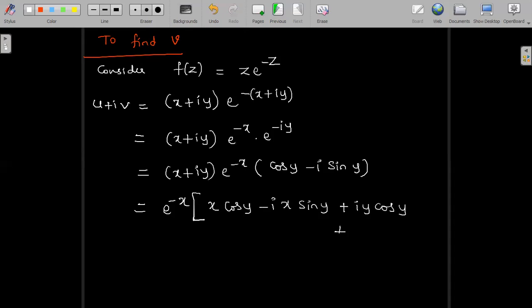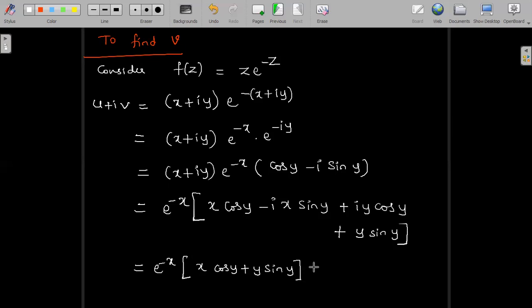So minus of minus becomes plus y into sin y. So this gives us e power minus x multiplied by, we'll group all the real terms together, x into cos y plus y sin y. These are the real terms.